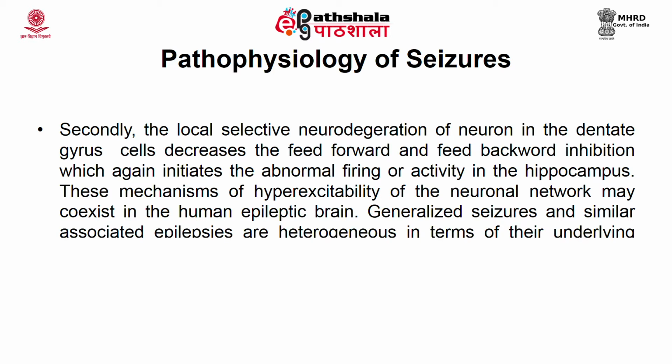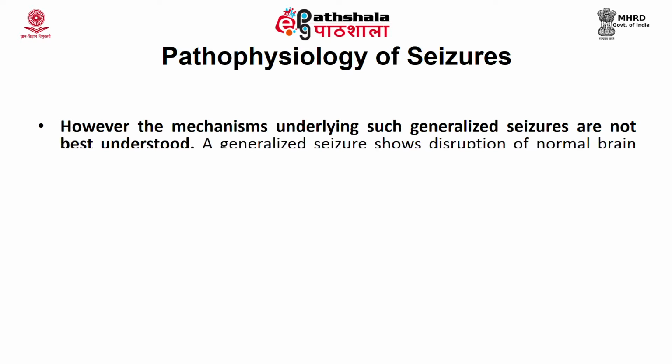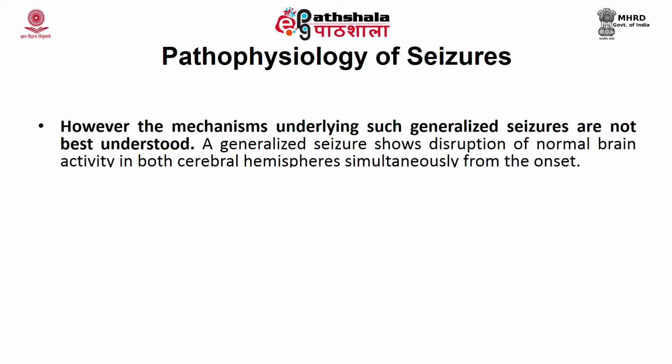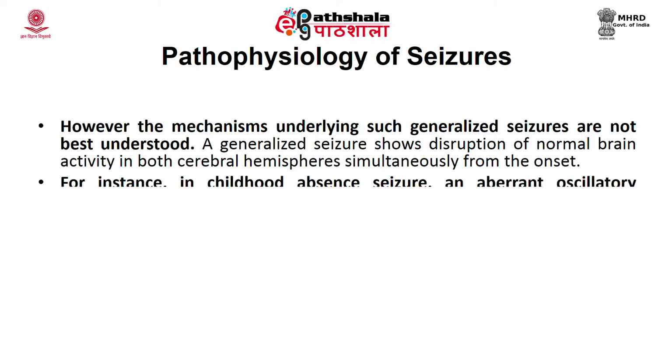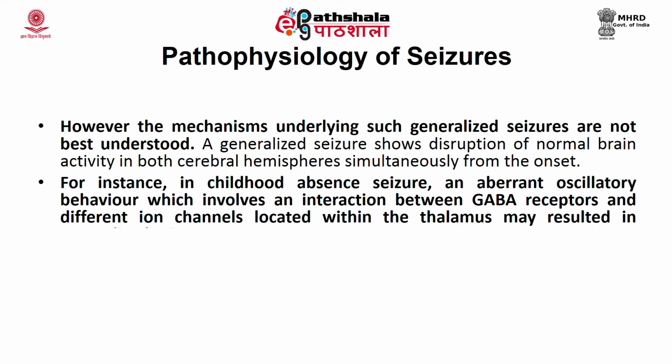Generalized seizures and similar associated seizures are heterogeneous in terms of their underlying etiologies. However, the mechanisms underlying such generalized seizures are not understood. For instance, in childhood absence seizures, an aberrant oscillatory behavior which involves an interaction between GABA receptors and different ion channels within the thalamus may result in generalized seizures.